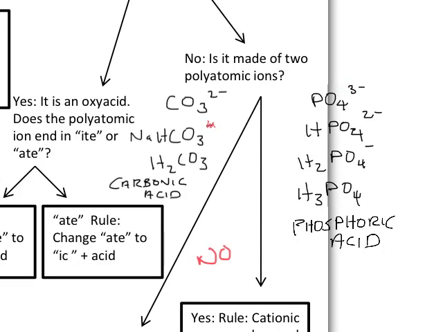All of these are going to have other cations added to them. So if I added 2 sodiums, I would have to have 2 sodiums to cancel this out, 1 sodium to cancel this out, 3 sodiums to cancel this out.